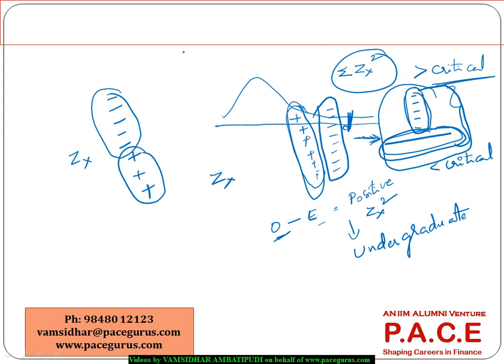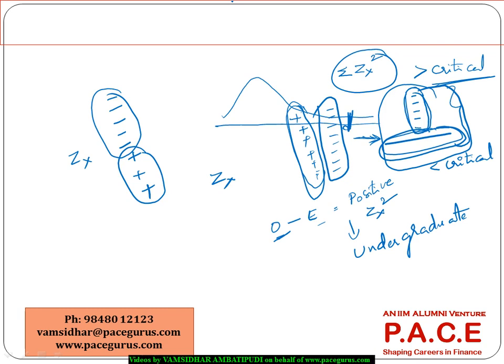Only if the overall zx squared is greater than the critical value, I am saying that the observed data may not be adhering to the graduated rates. But if zx squared is less than the critical value, there is no evidence that I can reject that statement. So I may be forced to go ahead with that statement itself.